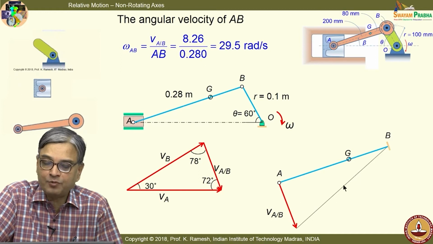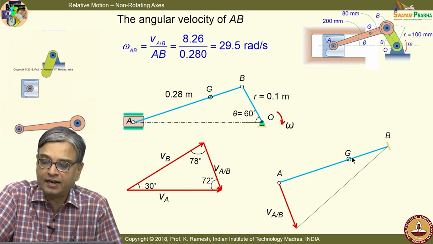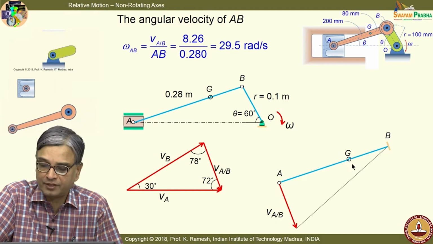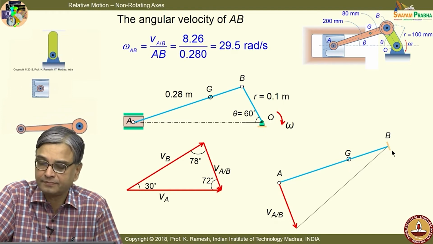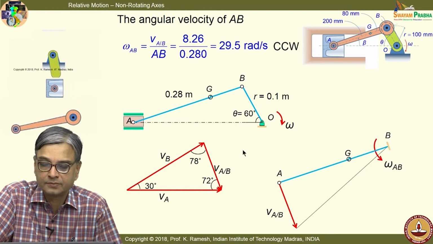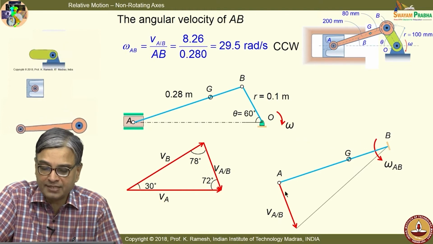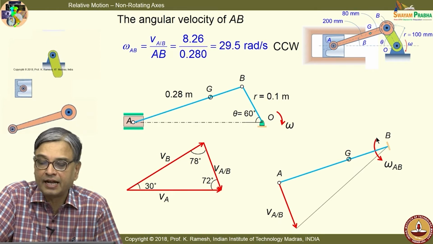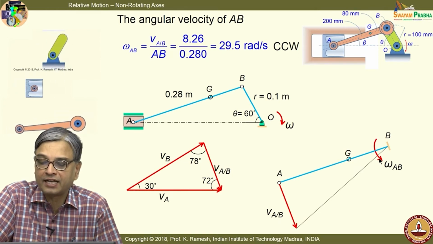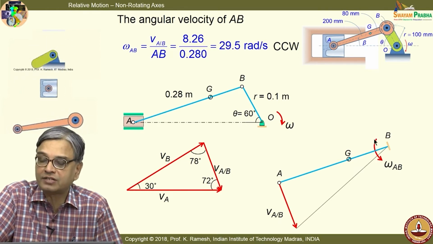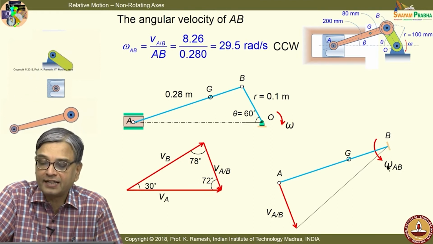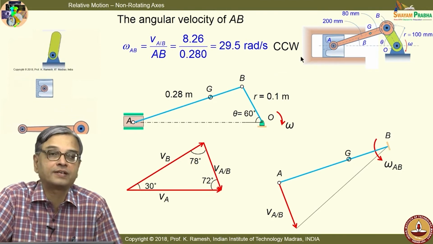From this diagram you can easily say what is the relative velocity of G with respect to B. Before that, from the sense of VAB, I attach the angular velocity direction and say that it has to be counterclockwise.